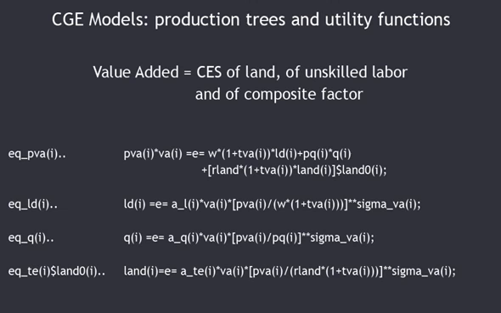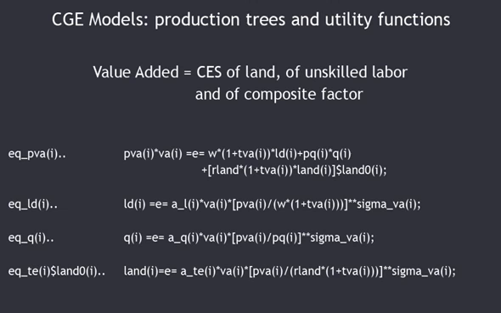So this ratio is equal to a constant multiplied by a ratio of prices, composite price of value added over price of the factor in question, tax included, and this ratio of prices is at the power of a parameter called sigma_VA in sector I, which is the elasticity of substitution.